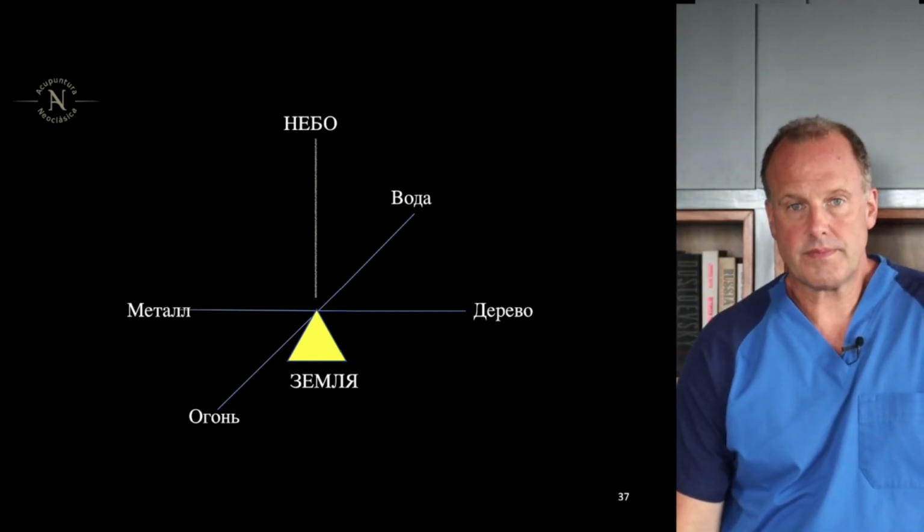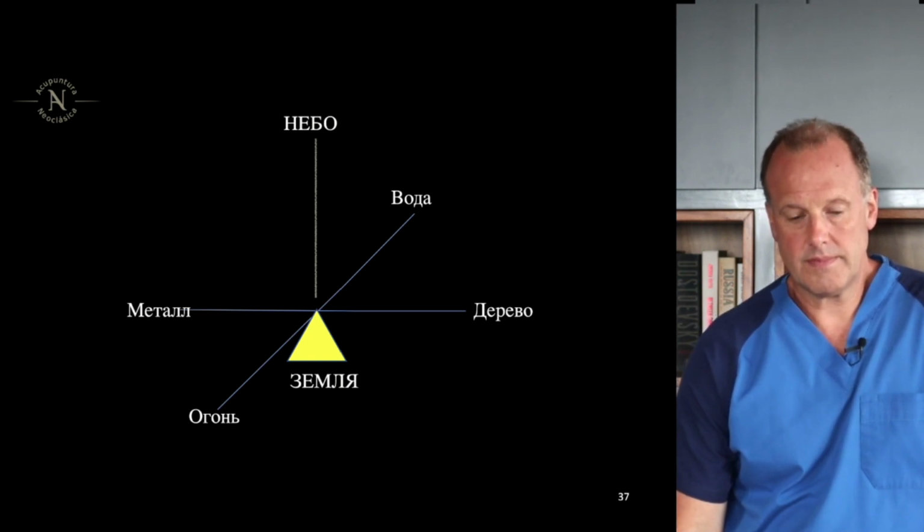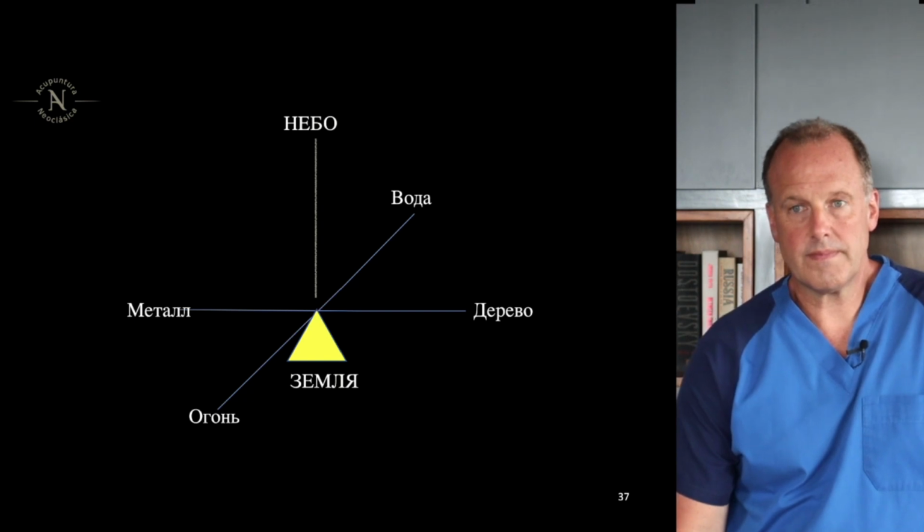И тут я обнаружил, что есть 2 сигнальные точки, которые я не использовал для балансирования элементов. И это перикард и тройной обогреватель. То есть для балансирования, например, оси вода-огонь я использовал сердце, тонкий кишечник, почки и мочевой пузырь, но никогда не использовал перикард и тройной обогреватель.